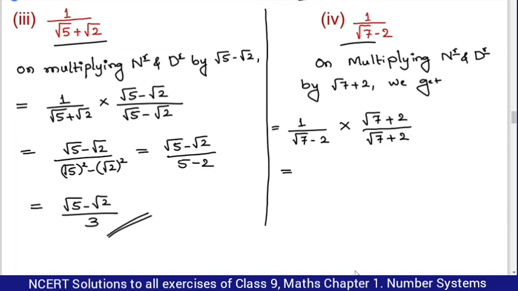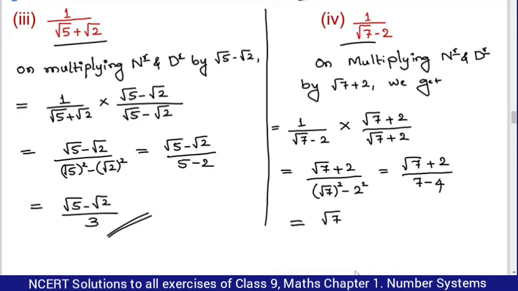Now multiply, we will be getting (√7 + 2) divided by, using the (a + b)(a − b) formula, (√7)² − 2², which is equal to (√7 + 2) divided by 7 − 4, or we can write it as (√7 + 2) divided by 3.